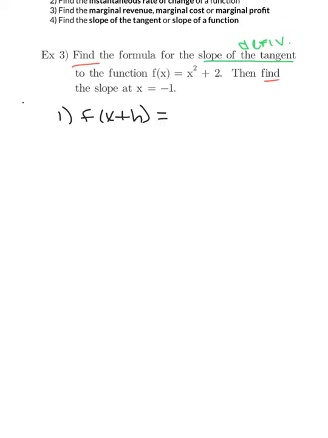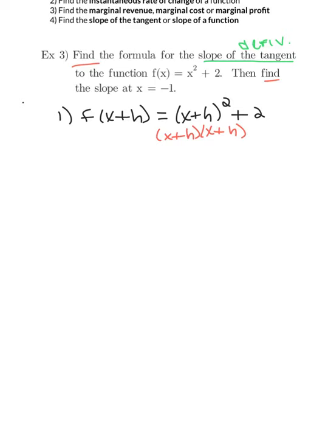So in our function, the first thing we have is x squared. We're going to have to do x plus h squared. And then we have plus 2. Be really careful about this, ladies and gentlemen, because x plus h quantity squared means that you are doing x plus h times x plus h, and you have to do FOIL.